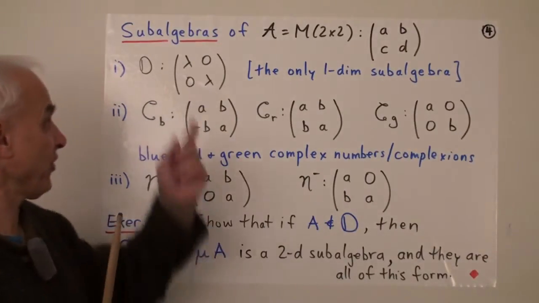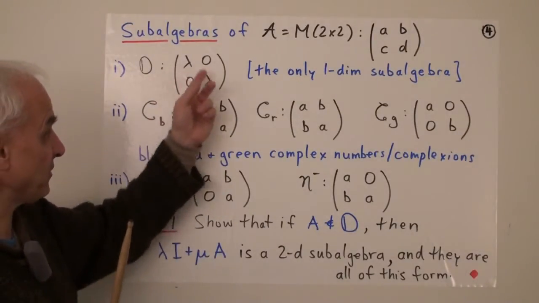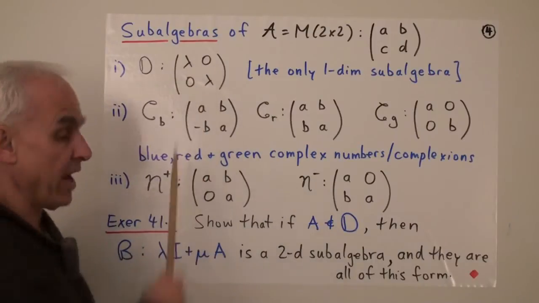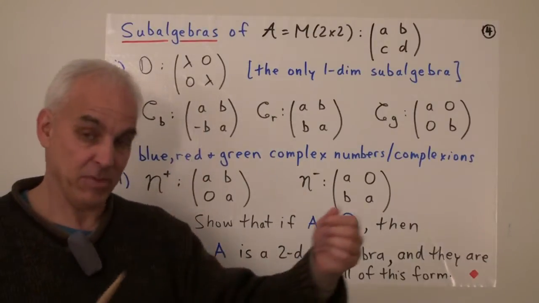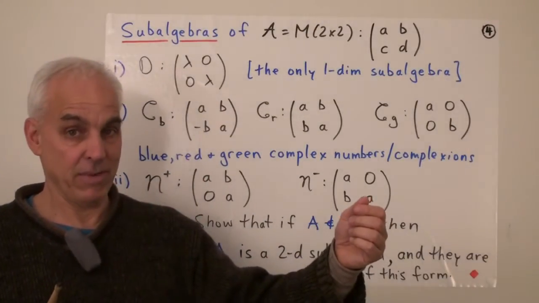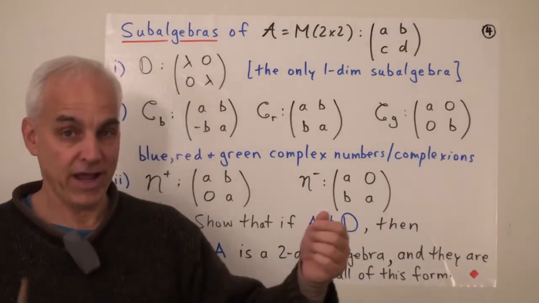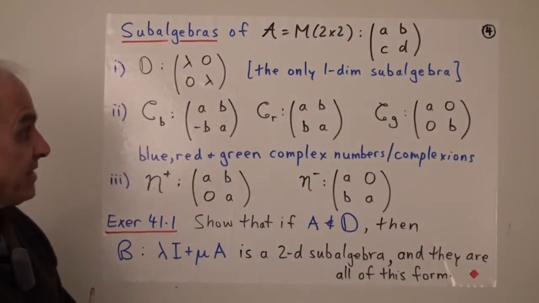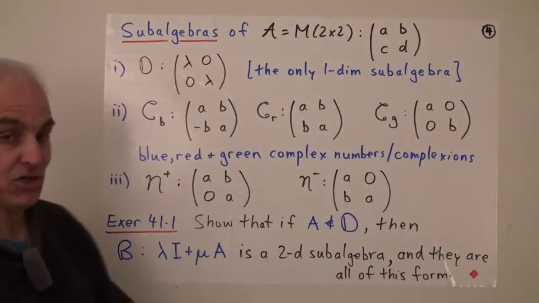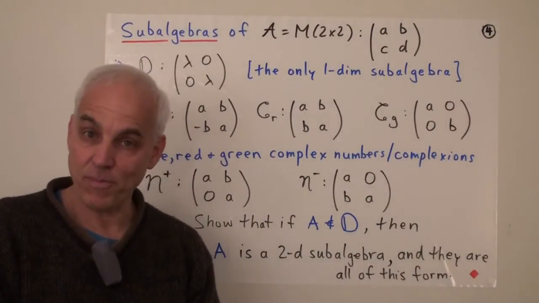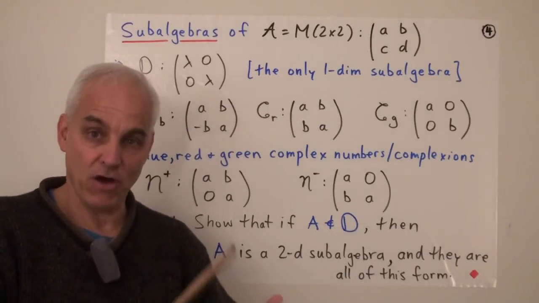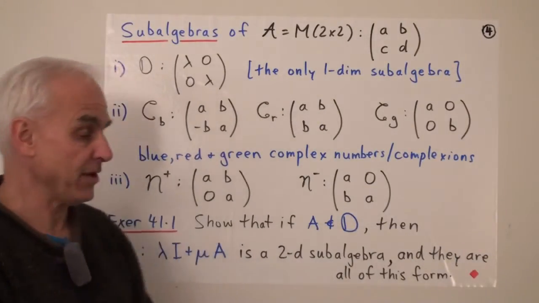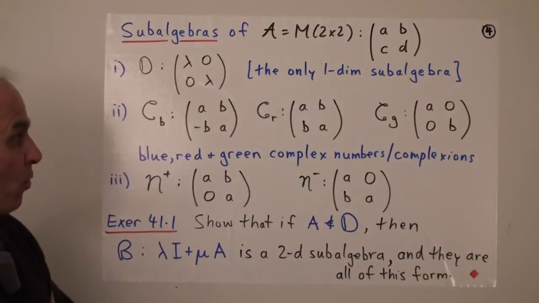So multiples of the identity, in other words, matrices of this form, lambda, 0, 0, lambda, have to be in there if we're having a one-dimensional subspace, and that's all there can be, because that's already a one-dimensional subspace, and it's a subalgebra because if you multiply any two matrices of that form, you're going to get another matrix of that form. So that is indeed a subalgebra, and it's the only one-dimensional subalgebra.